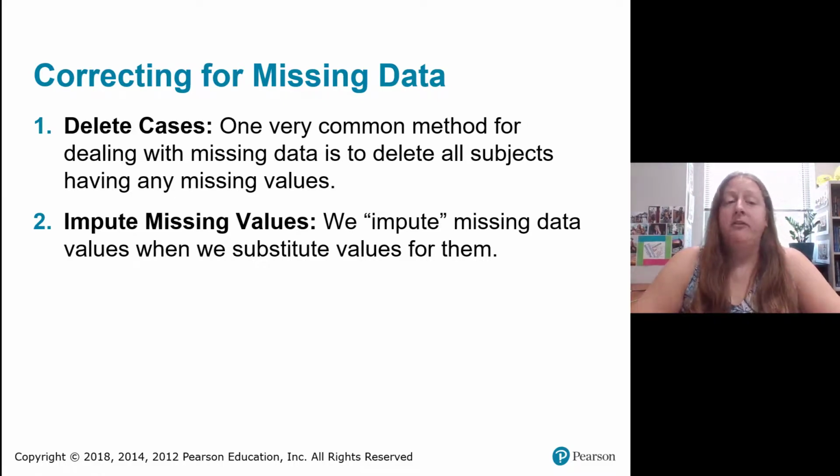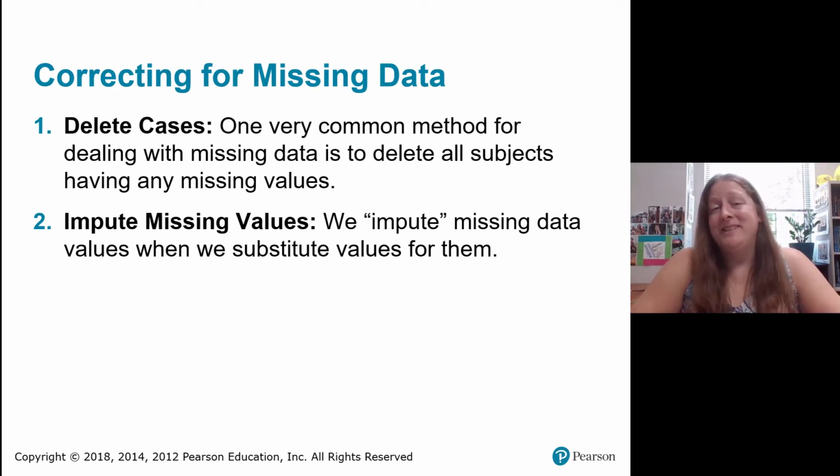One option that we have available to us is to delete cases. This is one of the most common things that we do. If we have enough total responses that we can just delete all the subjects that have any missing values. So anybody who made the mistake and skipped a question, we just don't pay attention to their responses. Then we do that. We'll delete all subjects that have missing values.